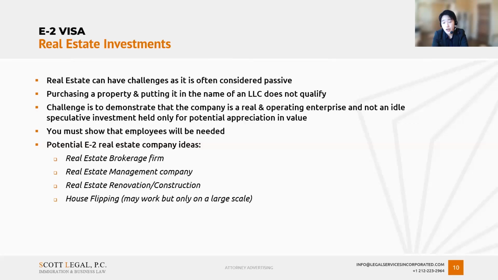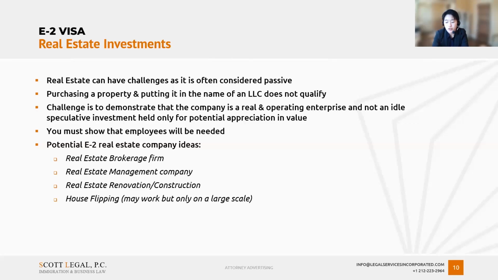The first reason is that real estate investing is often considered a passive activity. And one of the requirements to get an E2 visa is that it must be a real and active business that provides goods or services to the US society.